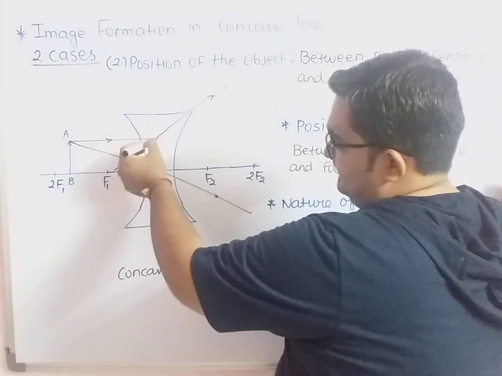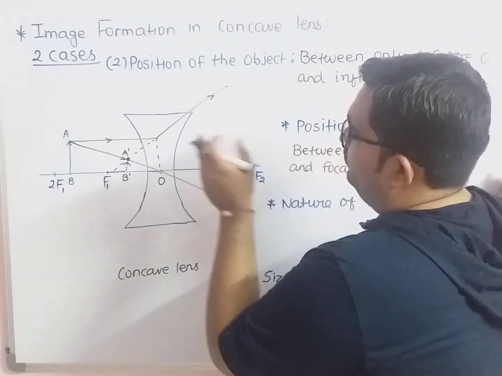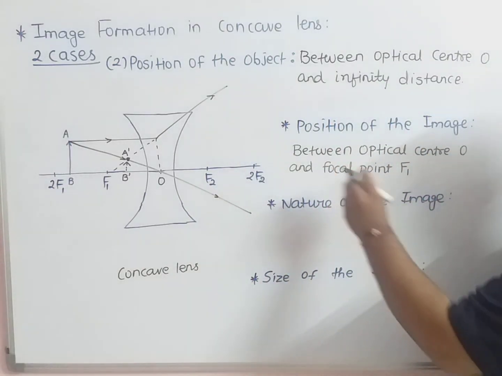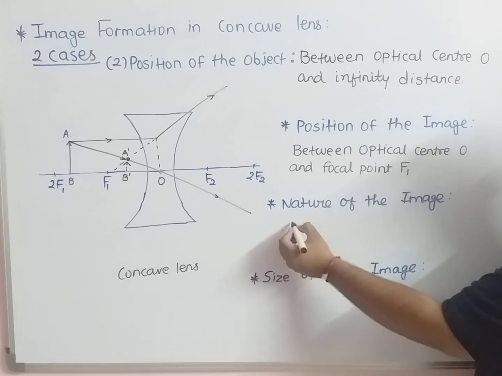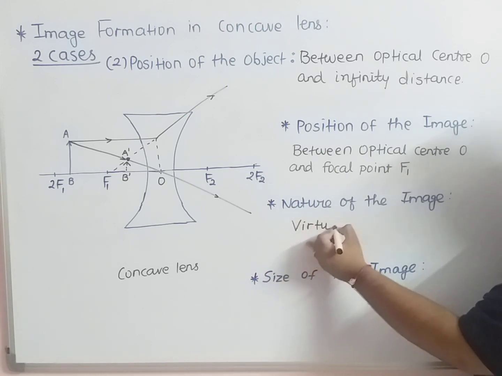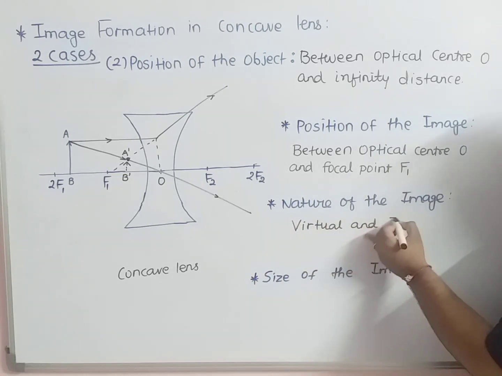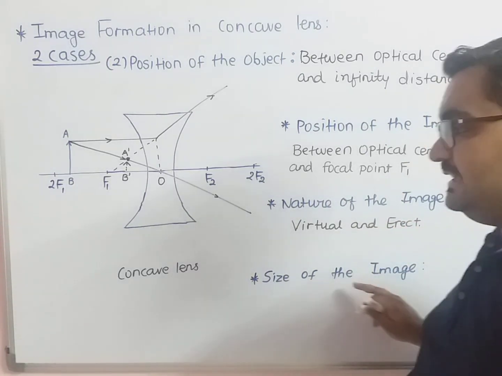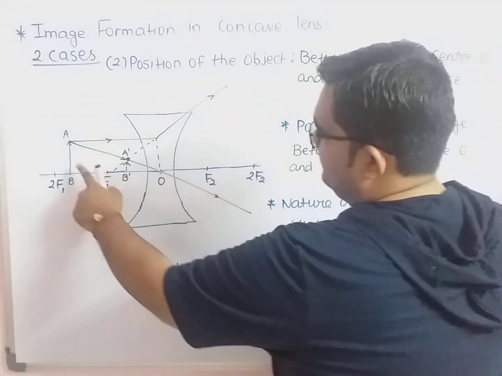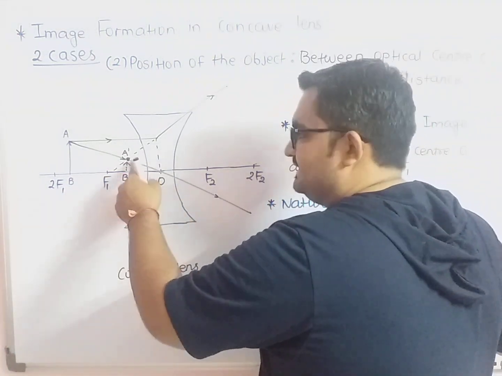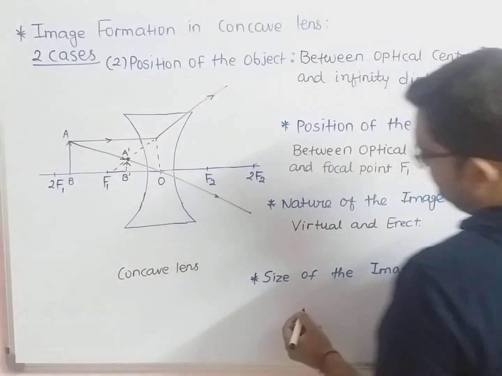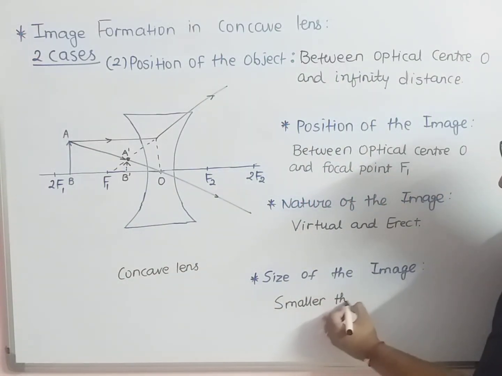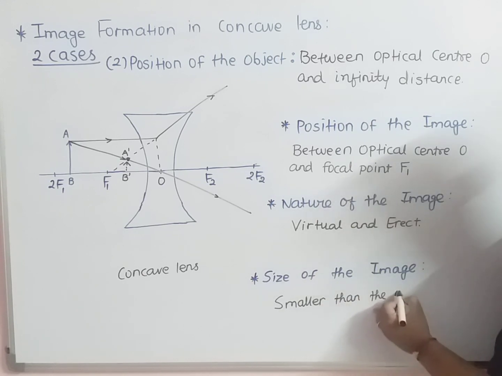Here you can see it is a dotted line. When we draw a dotted line, it means virtual and erect. So the nature of the image is virtual and erect. Now what about the size of the image? Here you can say the size of the image is smaller than the object.